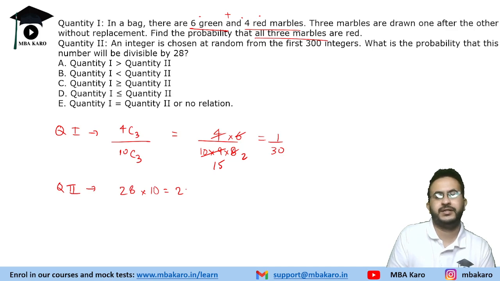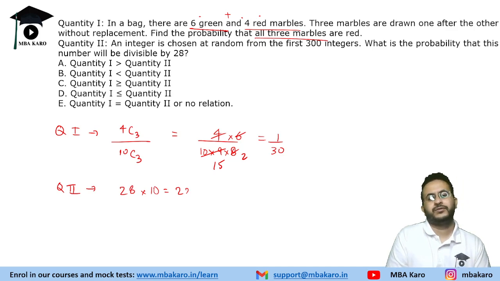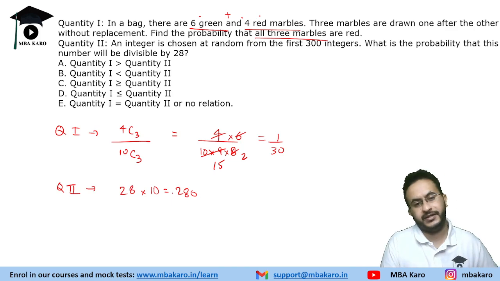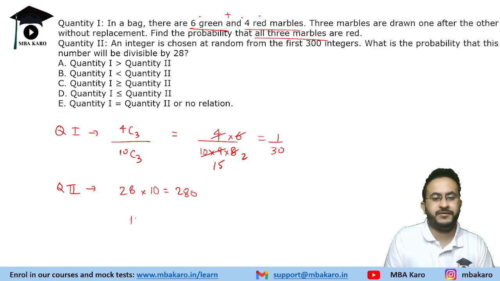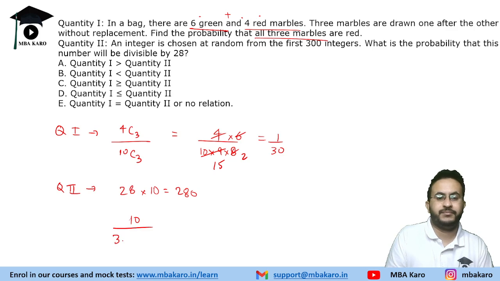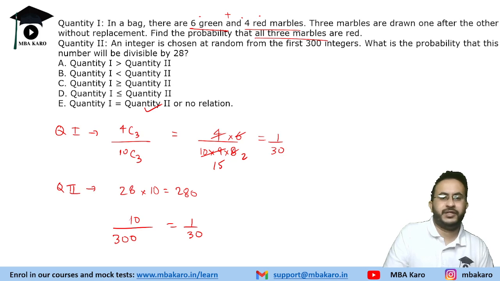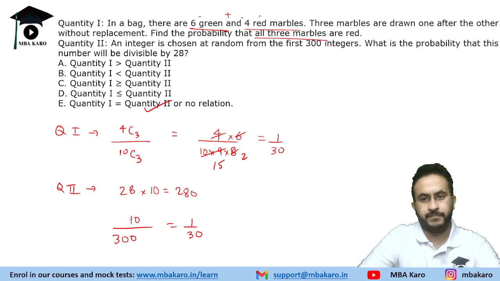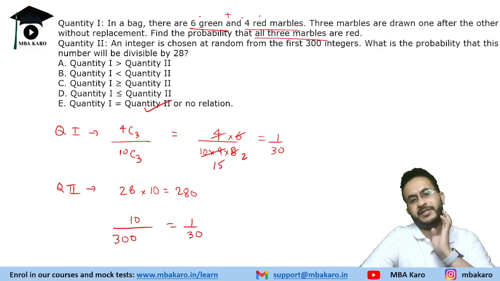So 10 numbers are there. If you multiply by 11, it crosses 300. So there are 10 numbers which are favorable, and in total there are 300 numbers. So this is 1 by 30. So both quantities are equal. Quantity 1 is equal to quantity 2. Okay. So this was a probability based concept.